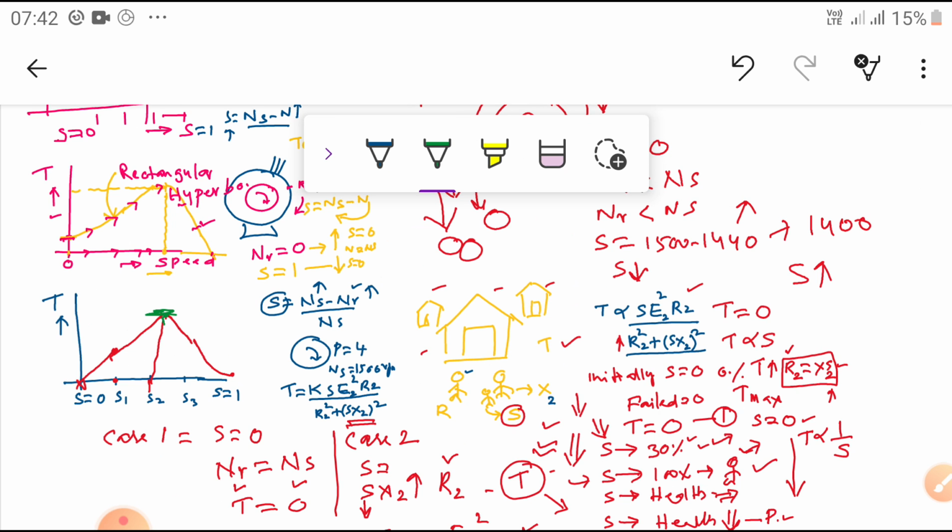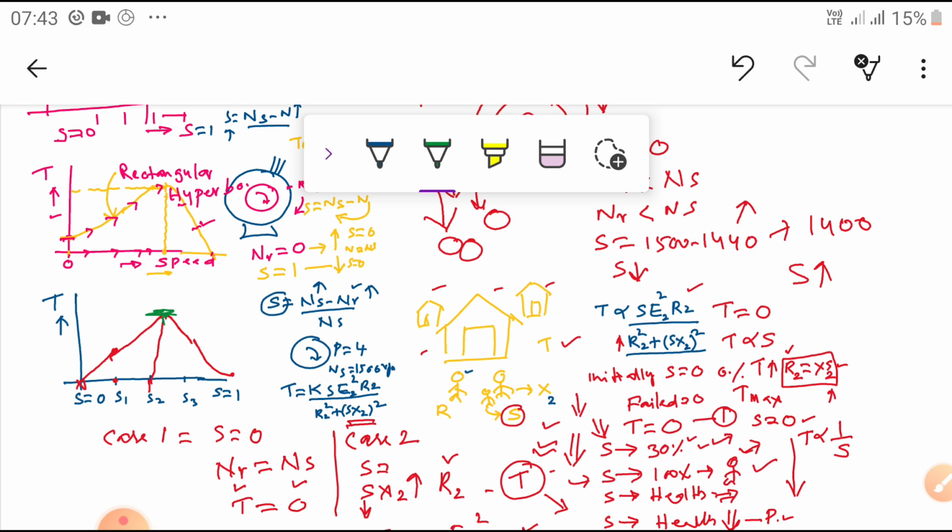At that condition, we get torque equal to K into E2 square by Sx2 whole square, that is, T is inversely proportional to 1 by S. Hence, at higher values of slip, the torque slip curve is a rectangular hyperbola. Okay, so this is the relation between our torque and slip.